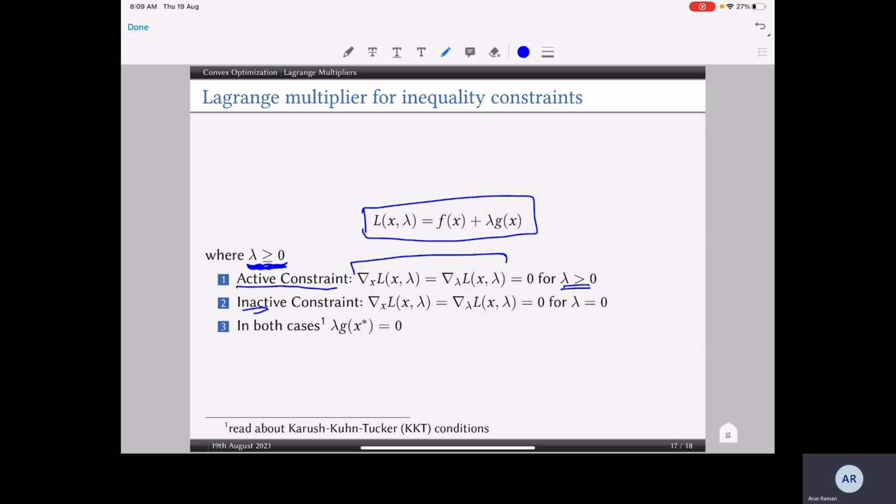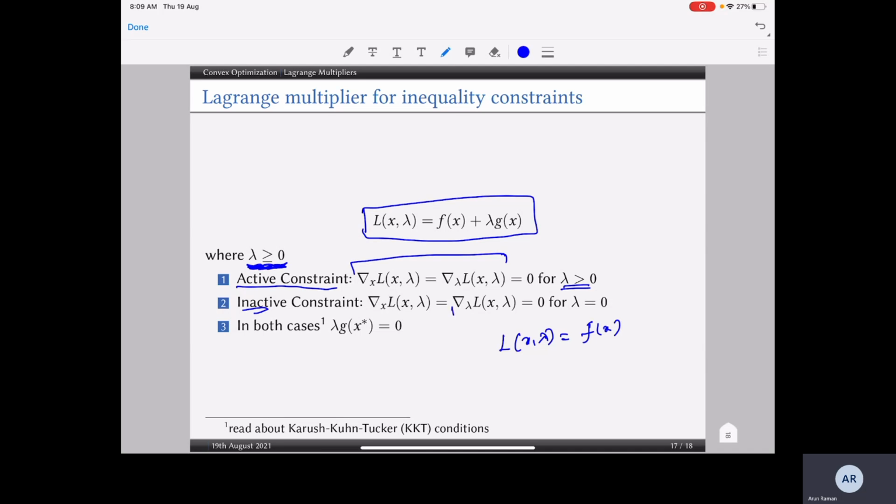If we have an inactive constraint, then L of x comma lambda is essentially f of x, because it is as if g of x does not exist.